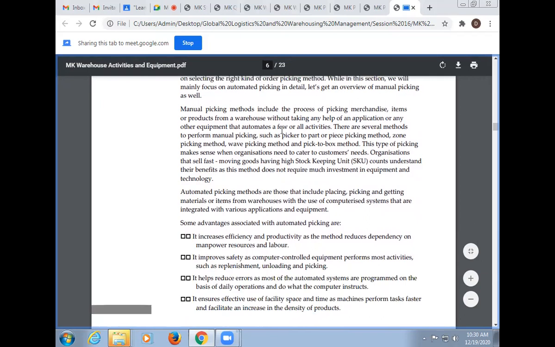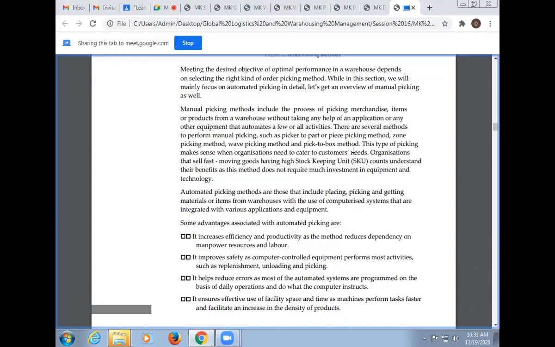Manual picking methods include the process of picking merchandise, items or products from the warehouse without taking any help of an application or any other equipment that automates a full activity. There are several methods to perform manual picking, such as the picker to part or piece picking method, zone picking method, wave picking method, and pick to box method.